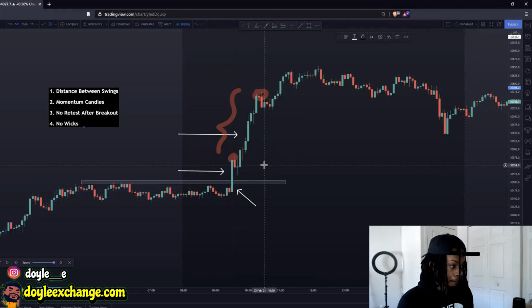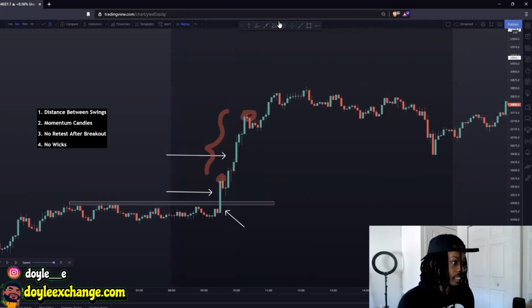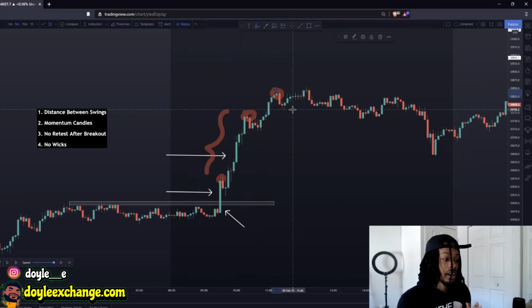Okay. Now as it continues to go up, this is the next swing high. Now look at this distance from this swing high to these 2 swing highs. It's slowing down. Now we know that the momentum of the market is slowing down. So I'm not saying that the trend is over, but the trend is getting weaker.